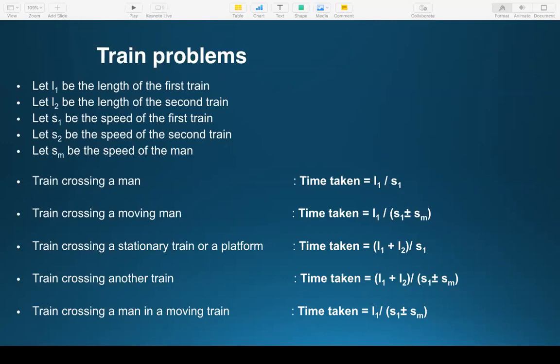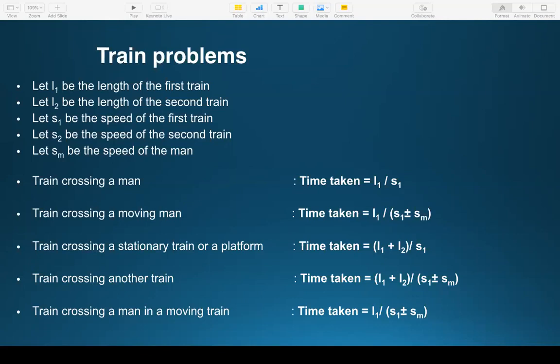Now just try to imagine what has happened in that time duration. In that duration, the train has covered its own length. Your length is negligible as compared to the length of the train. And since you were stationary, the train has covered its own length with its own speed.